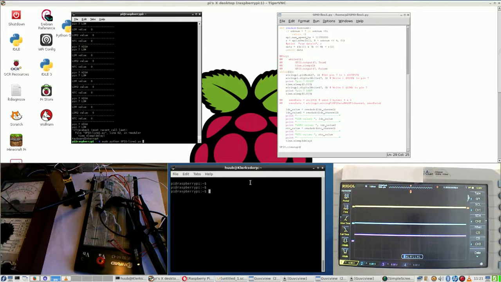But here also nothing. And here also nothing. The only risk is that 3.3 is now off the scale. So let me make it 12 volts. Then I would measure something here. Yeah, that's what I mean.